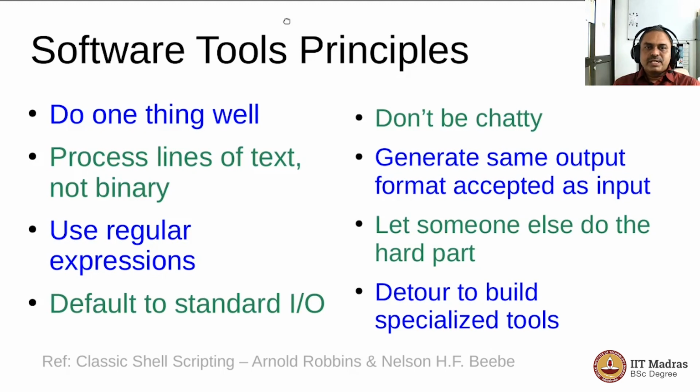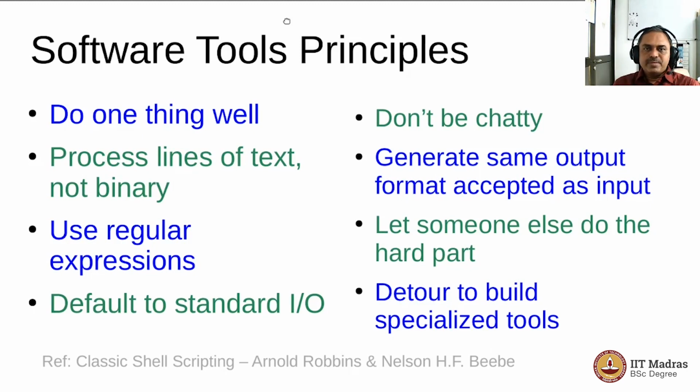There are certain basic principles about software development that I borrowed from the book referred to at the bottom, and these principles guide the way the Linux operating system has been developed over the years. Each command is designed to do one thing very well, and the commands usually process lines of text and not very often binary format.